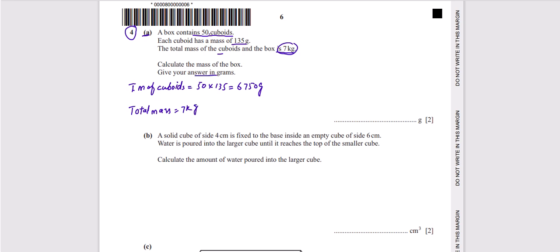The answer should be in gram, so that is why we convert kg into gram. 7 multiply 1000 is equal to 7000 gram. So we have to calculate the mass of the box.